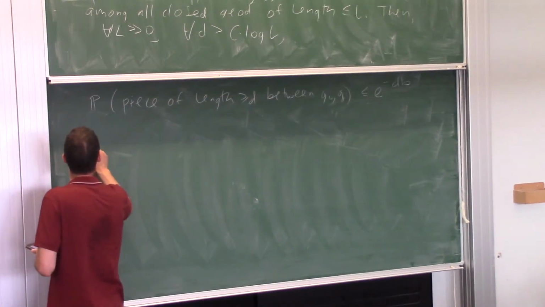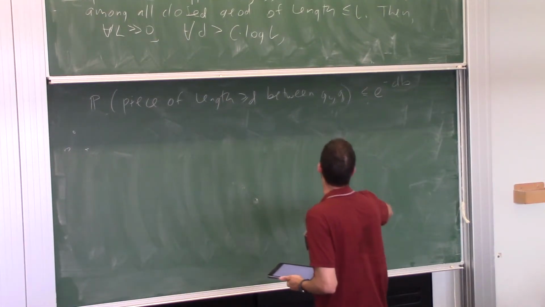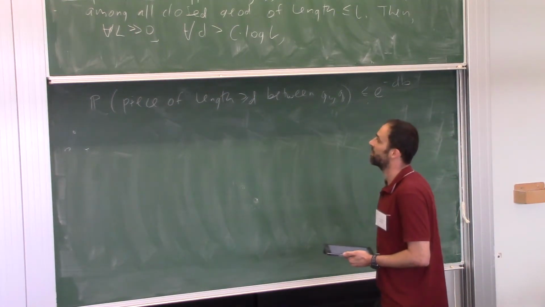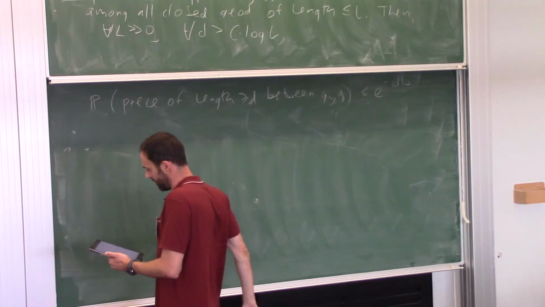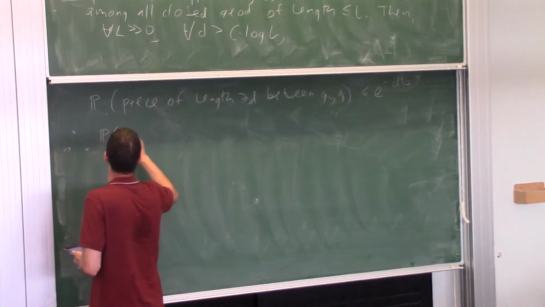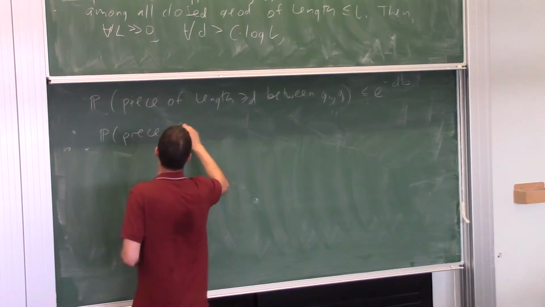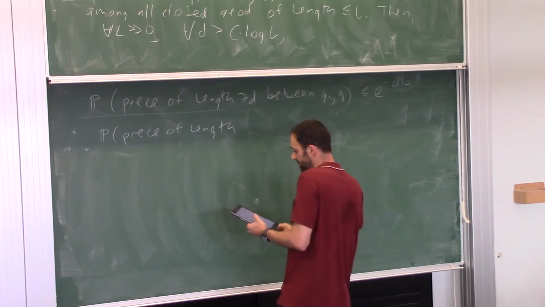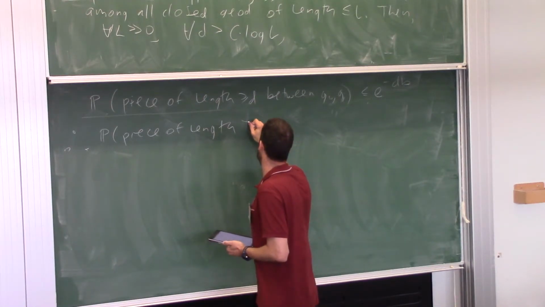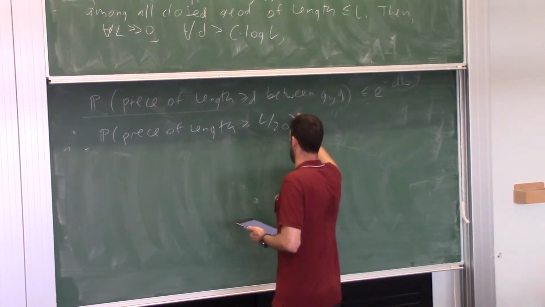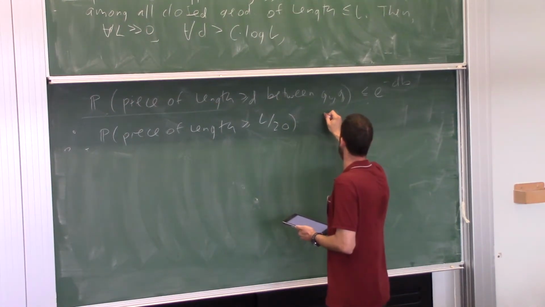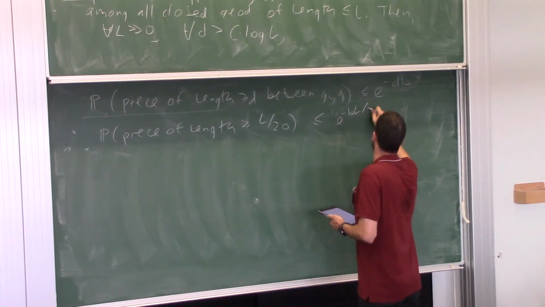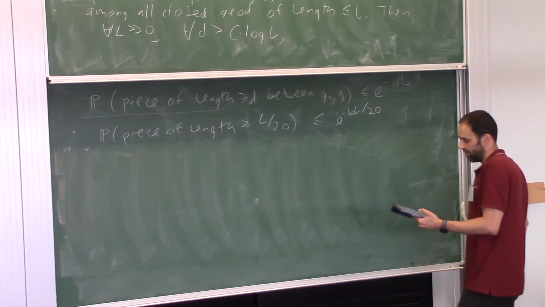So in particular, if your geodesics are of length at most L, which is what will happen generically, then you're looking for pieces of length about 1/20th of that length. By the way, this is Stephen's lemma. The probability of pieces of length at least L over 20 is e to the minus L/20, just substituting that for D.